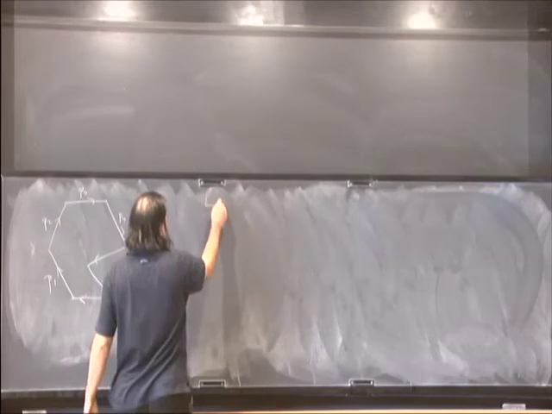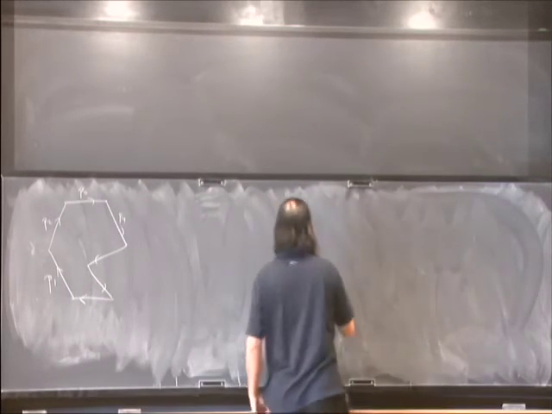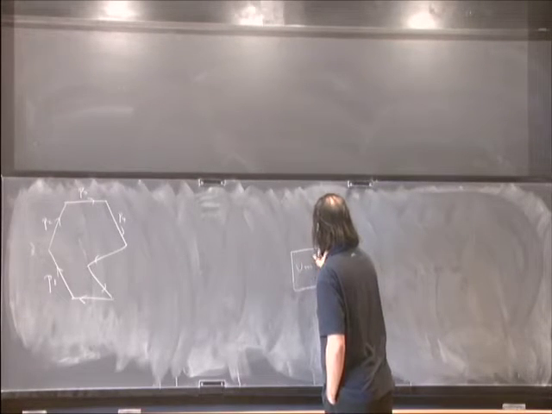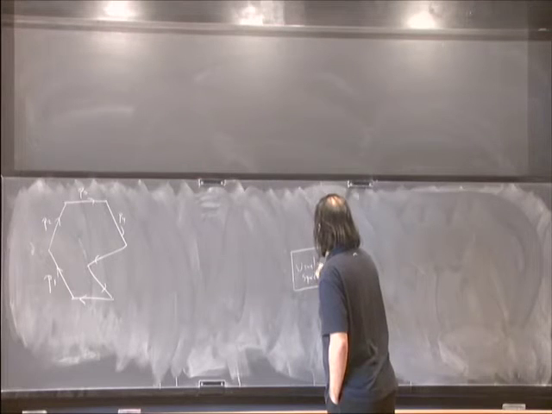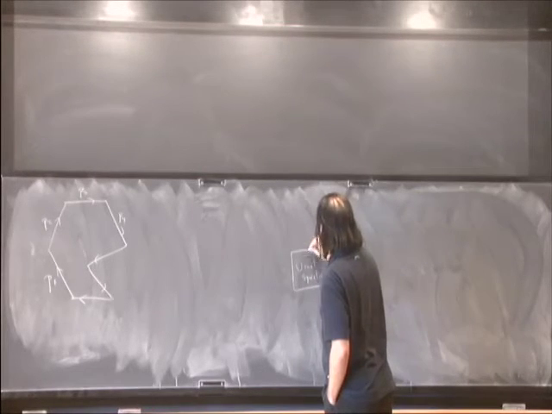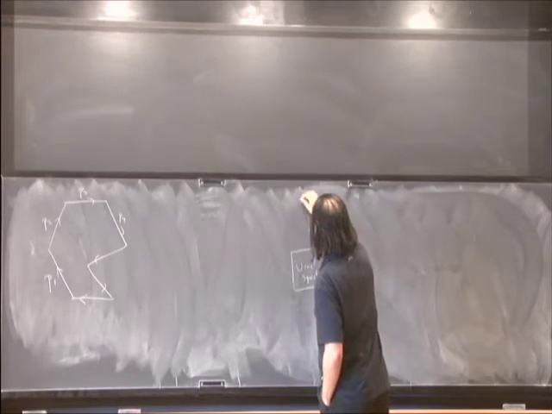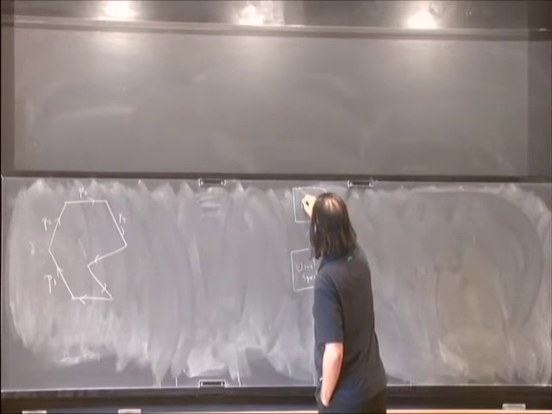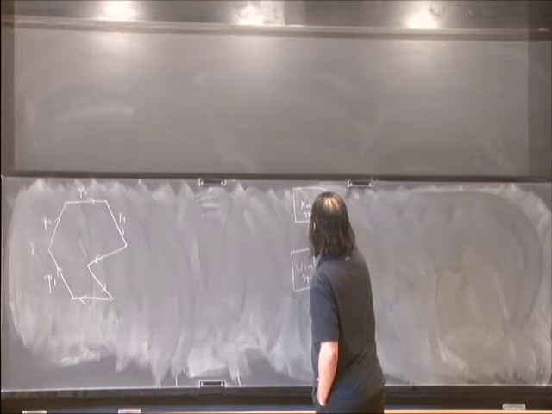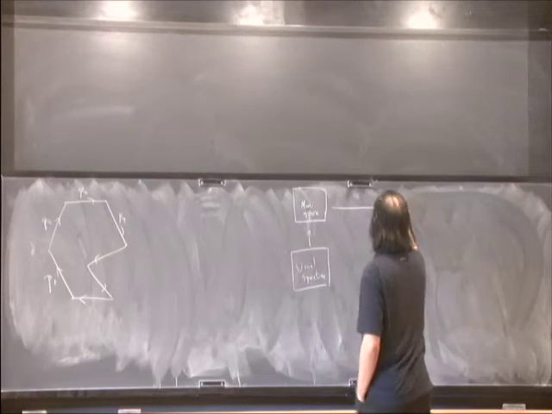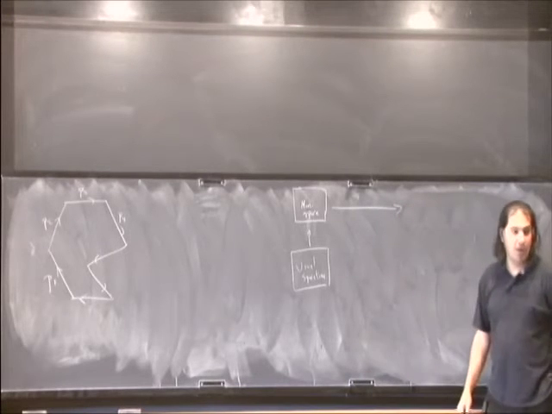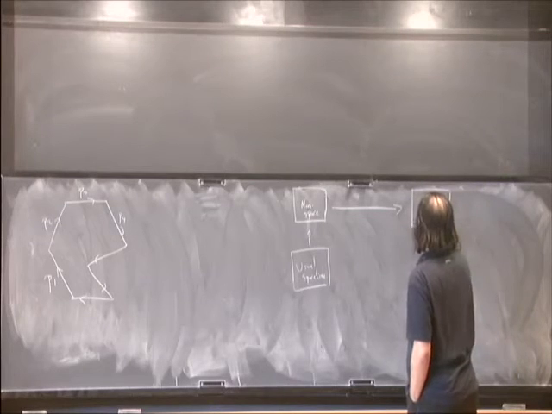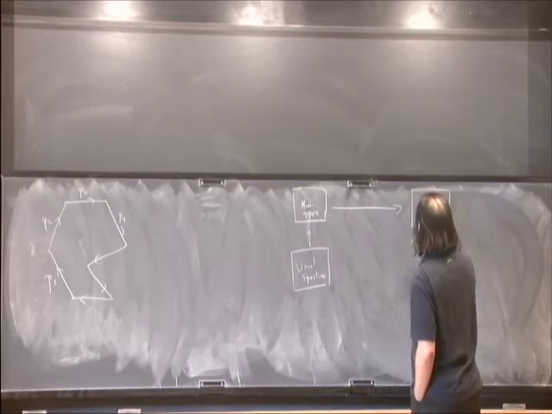Let me be very clear. We have our ordinary space-time. Sort of conjugate to it is momentum space, and a lot of the discussion we've just been having has been in momentum space. Now we're introducing a new space altogether, the space in which this closed polygon lives.